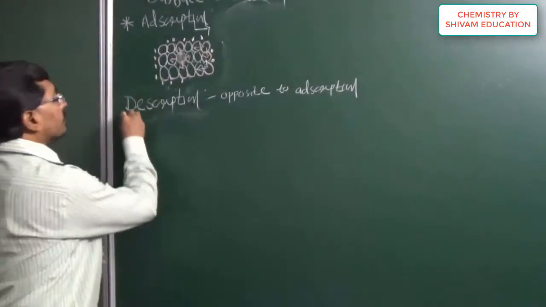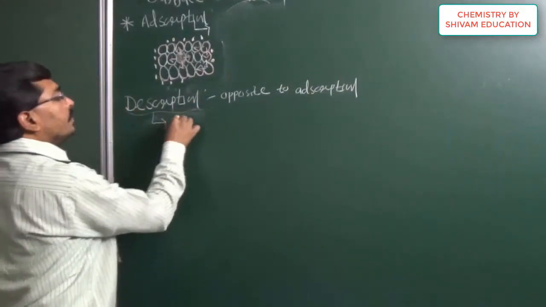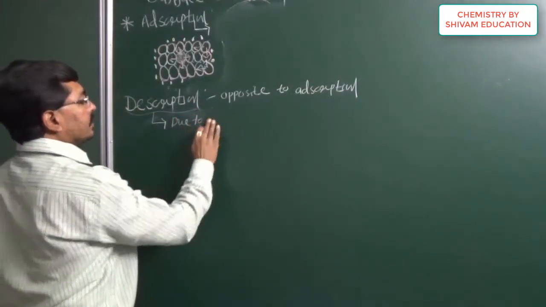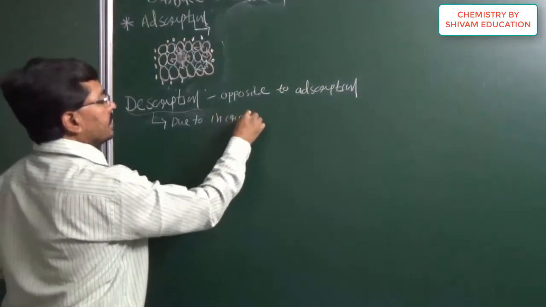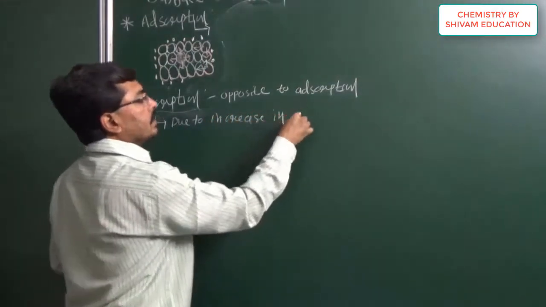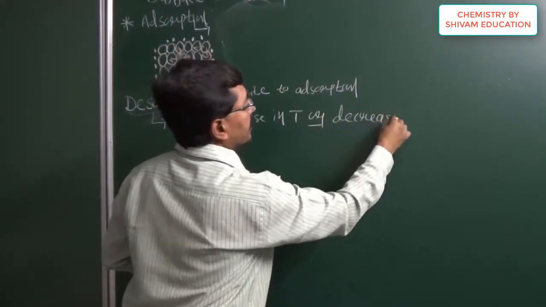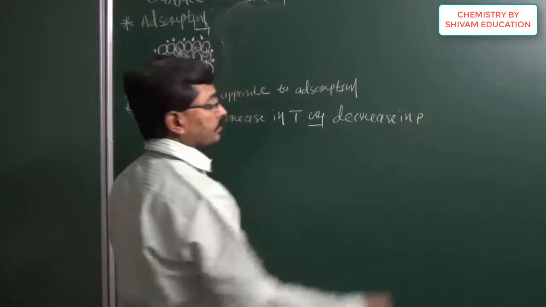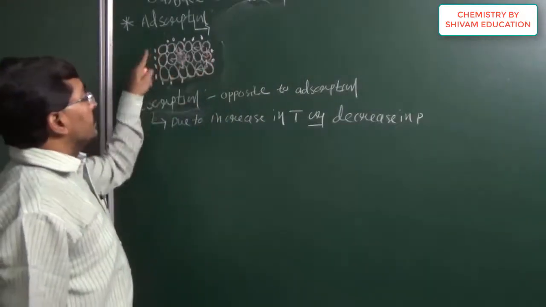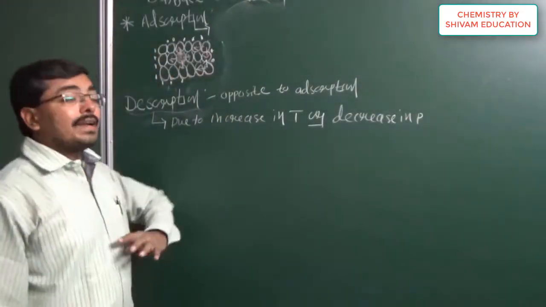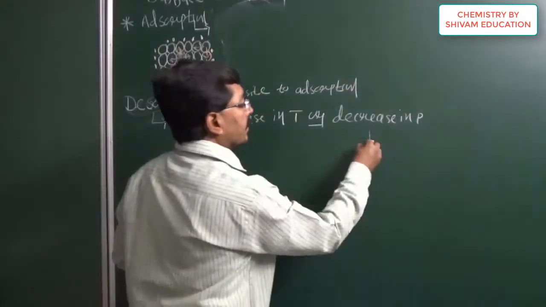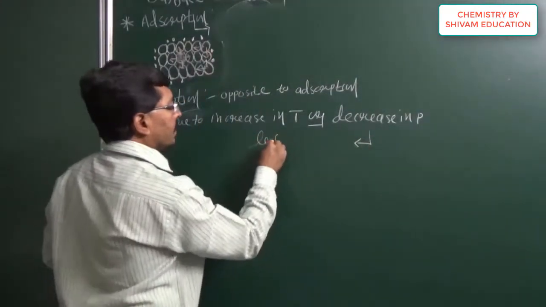But in desorption, either we increase the temperature or decrease the pressure. Anything is possible. Now the molecules which are present on the surface, if we increase the temperature, then they leave the surface.